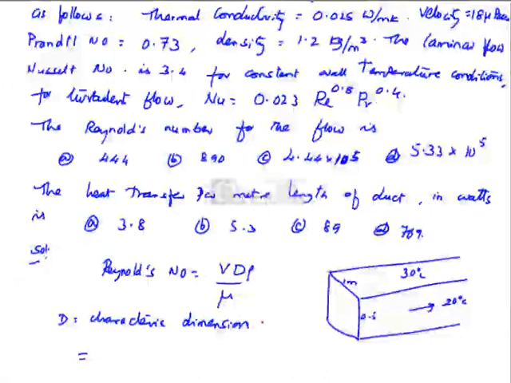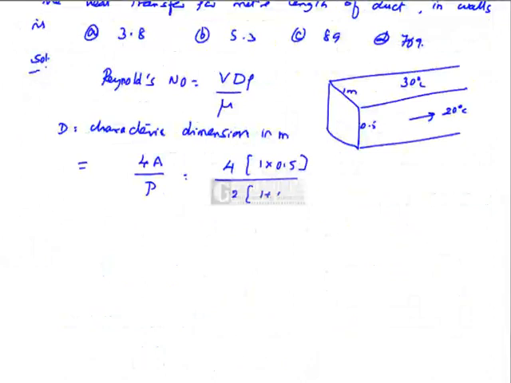The characteristic dimension in meters could be calculated as 4A by P, where A is cross-sectional area, that is 1 into 0.5, perimeter is 2 into (1 plus 0.5). We will obtain characteristic dimension in meters, based on which Reynolds number is calculated, with a velocity of 10 meters per second.